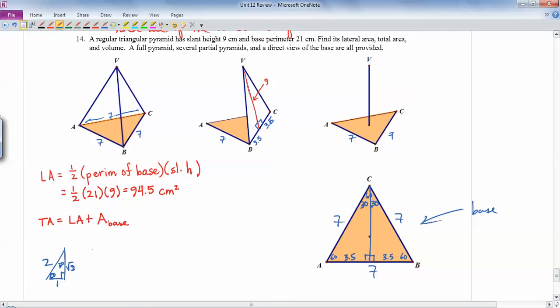So the 3.5 goes with 1, the same way that the height, or let's call that x, goes with root 3.